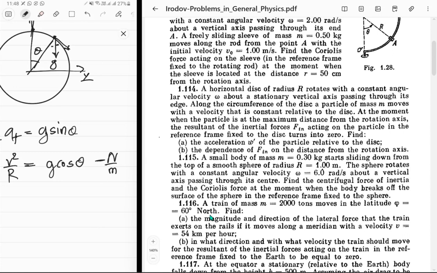That should do it. So for the critical condition, this normal force becomes 0. That is, it can no longer hold. The gravity force is not sufficient anymore. That's when this will break off.